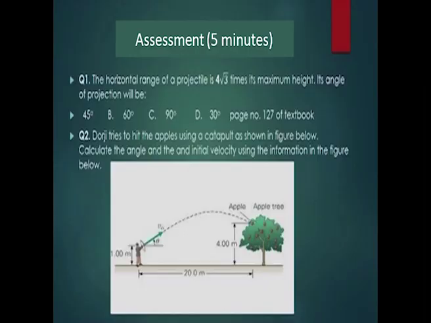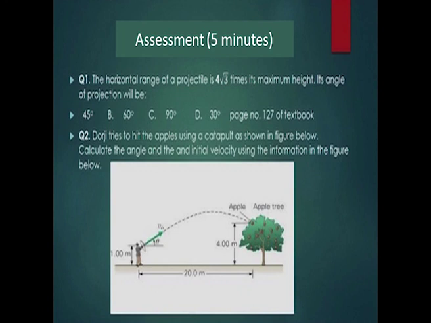The next question here has a picture. What you can do is either ignore the height of the person or include it, you can do it in two ways. Doji tries to hit the apples using a catapult. I hope you know what a catapult is. As shown in the figure below, calculate the angle and the initial velocity using the information given in the figure.